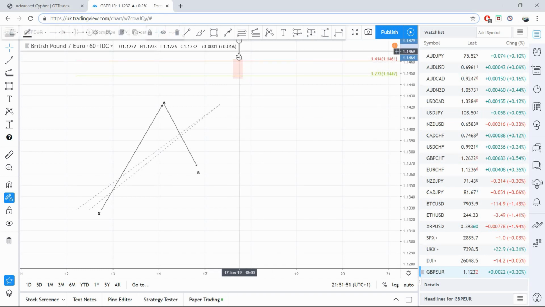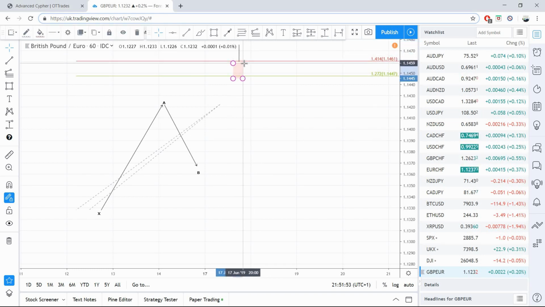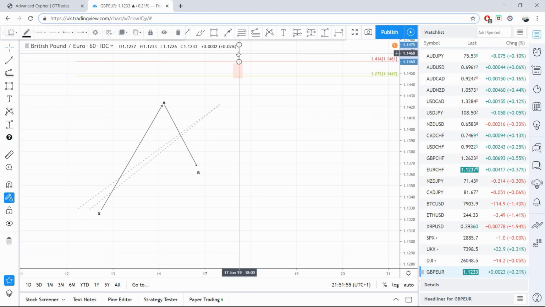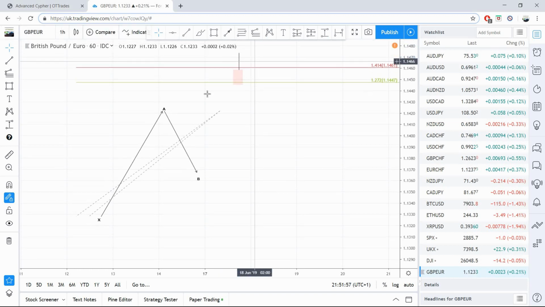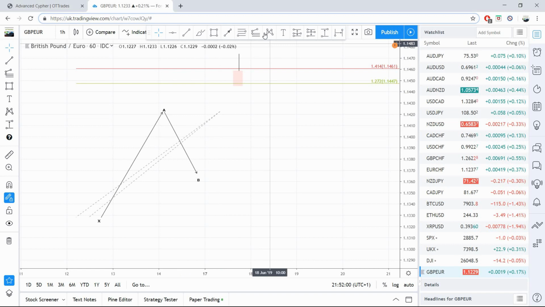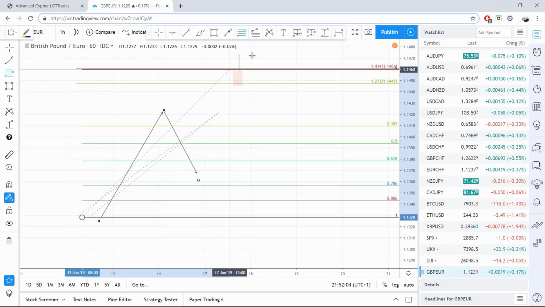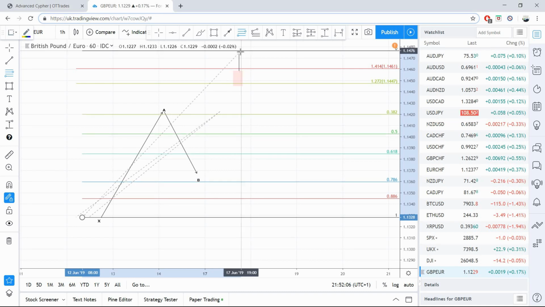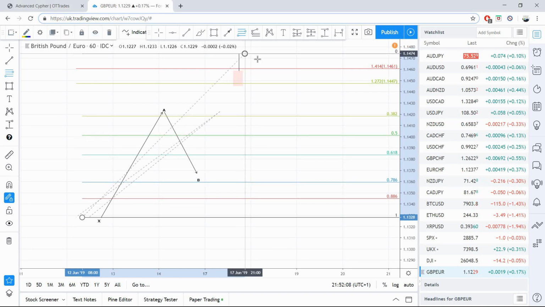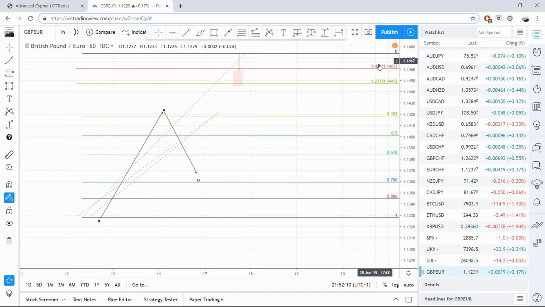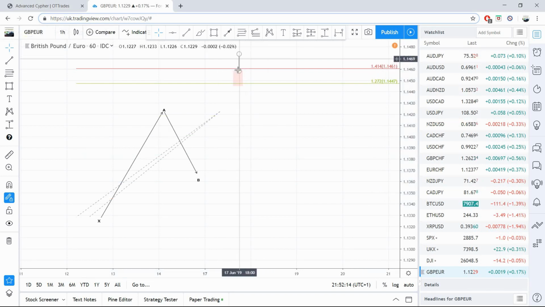That pattern is invalid. However, if we were to close just below it and the wick was to exceed it by a significant amount, that is still a valid pattern. But when you're calculating your new retracement levels, you want to pull your fib tool all the way up to the price extreme, even if it exceeds the 1414 level. That makes sense in a second.